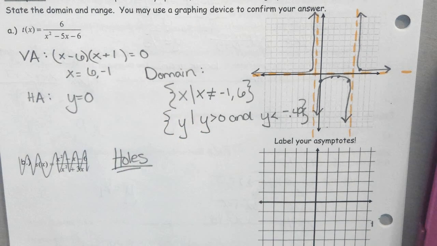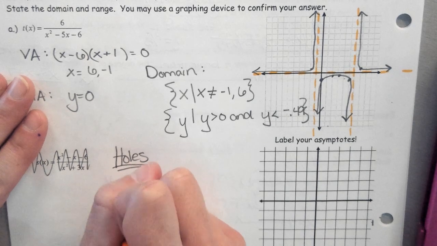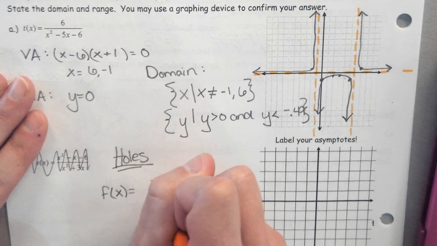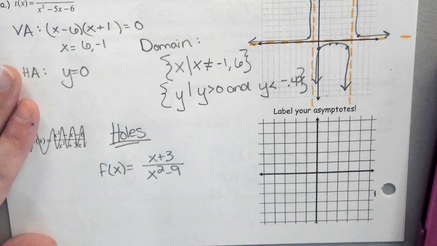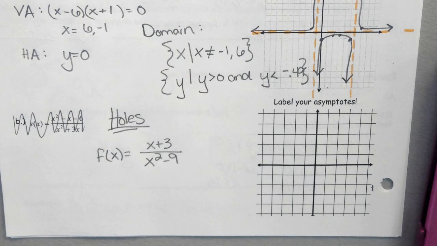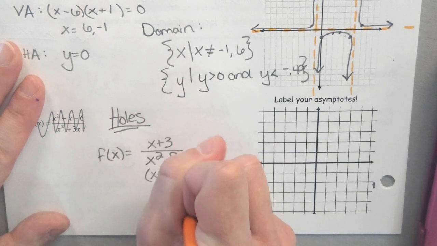You can be going along your merry way, and then all of a sudden there can be a hole in your graph. So let's say you have a function that looks like this. What does my denominator factor into? x plus and minus 3, because it's a difference of squares.